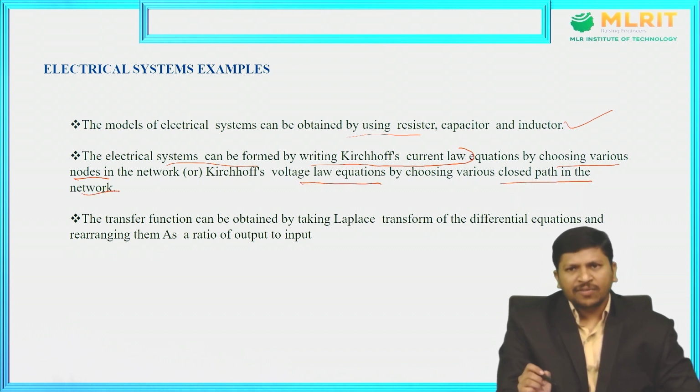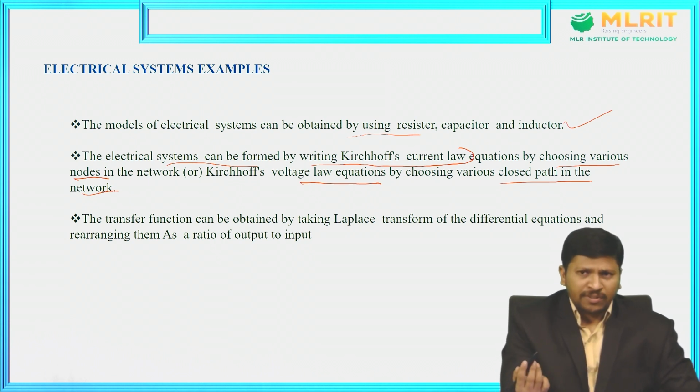From any network or equivalent circuit, we write the equations by applying Kirchhoff's voltage law or Kirchhoff's current law, using the nodes for the current law and the closed paths for the voltage law. After that we calculate the transfer function.